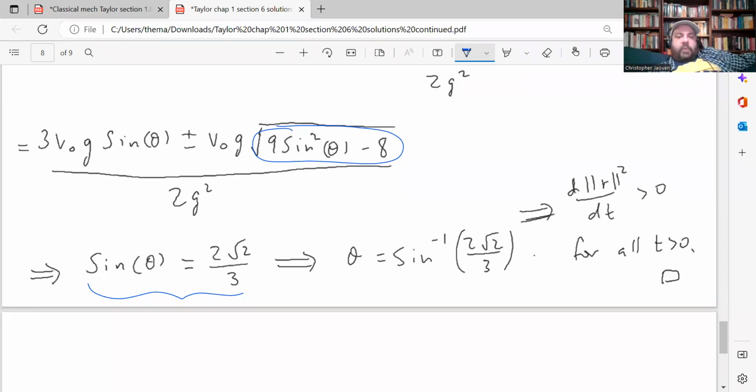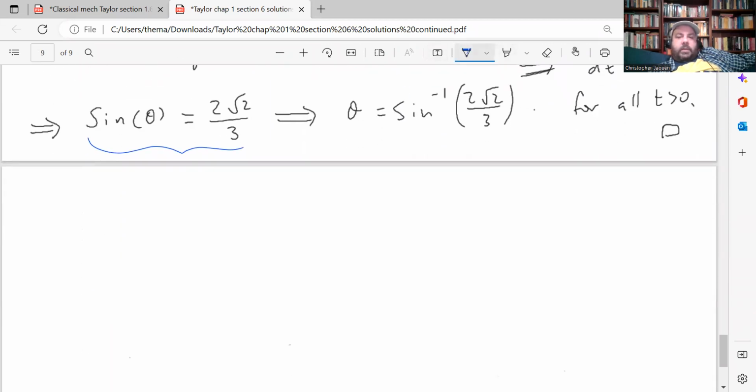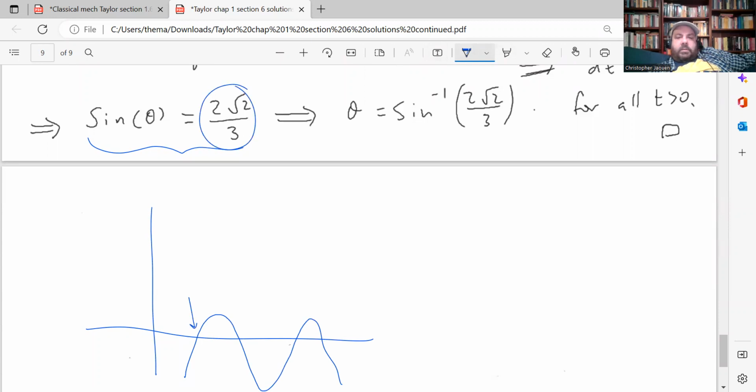If you graphed this function, maybe I can do it on the next page, it'll look something like this, right? This is the value of theta that makes that expression, the 9 sine squared theta minus 8, start to become positive. So you start to get real roots there, but before that, you don't.